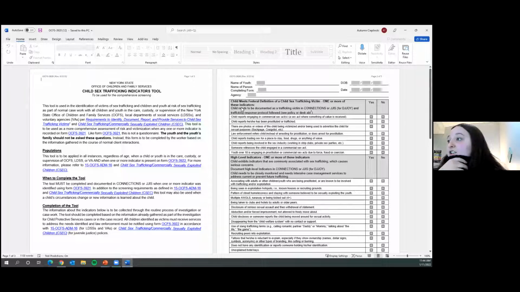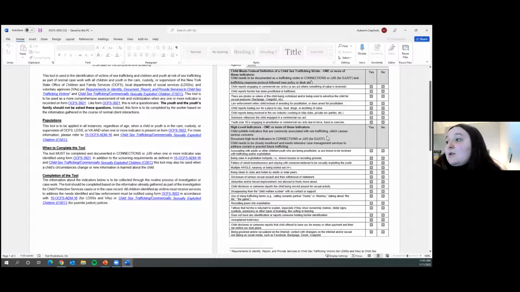So the first box: child meets the federal definition of a child sex trafficking victim. This means they reported they're engaging in it, or they've been witnessed, or there are photos online of that sort.